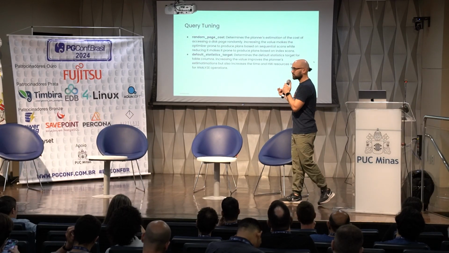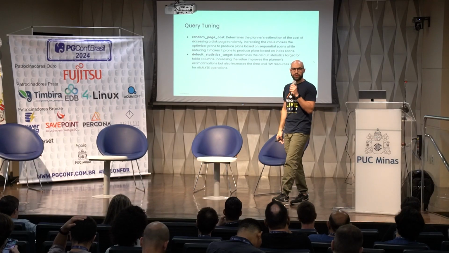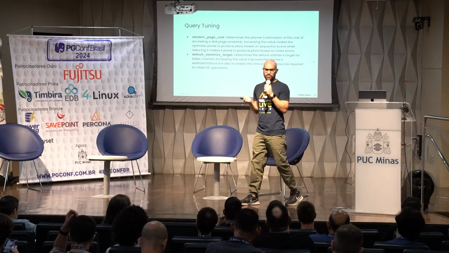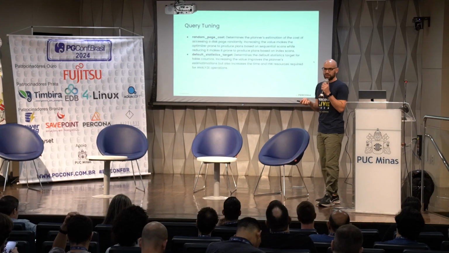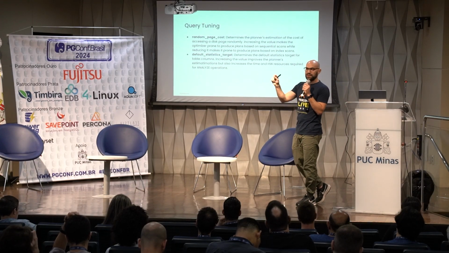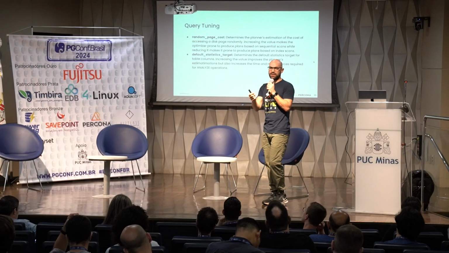Again, this random page cost is still having a legacy value, assuming you are on rotational disks or hard disk drives. Now, as I mentioned, even in SSDs there is a penalty of doing random I/O, but it's not as much of a penalty as it was before.